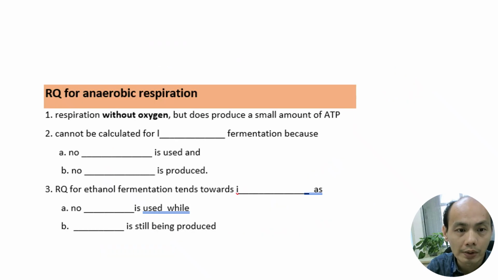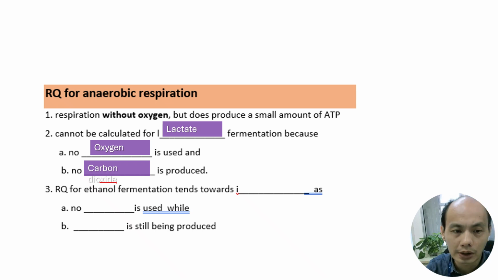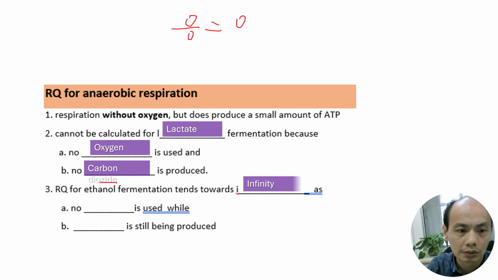RQ for anaerobic respiration. Anaerobic respiration has two types, am I right? One is alcohol, one is lactate fermentation. Respiration without oxygen but does produce a small amount of ATP, so it cannot be calculated for lactate. Why? Because there is no oxygen being used and no carbon dioxide being produced. So 0 divided by 0, so it's 0.